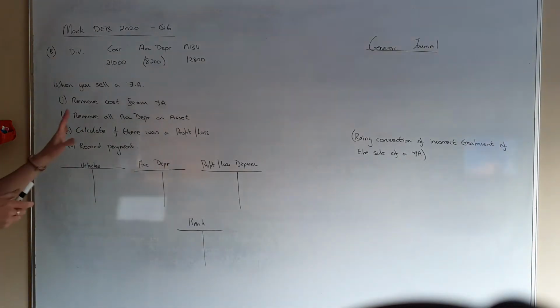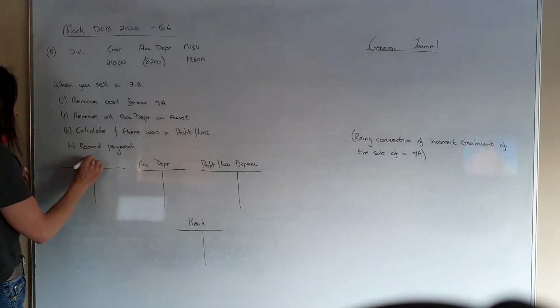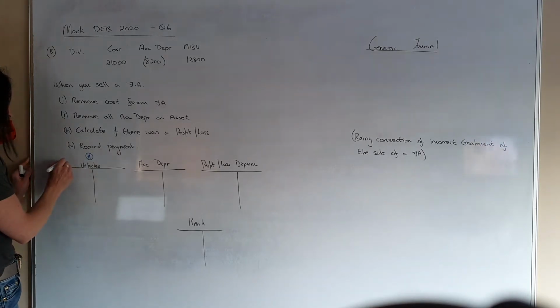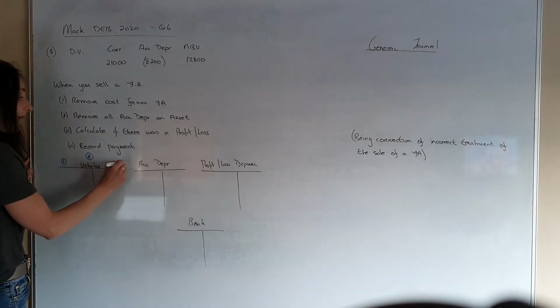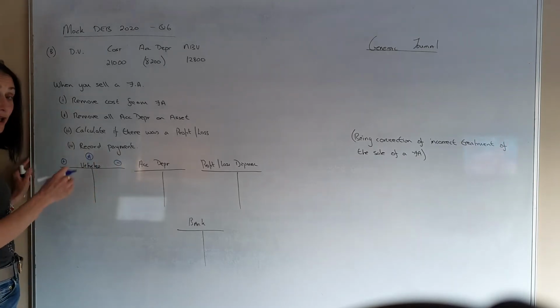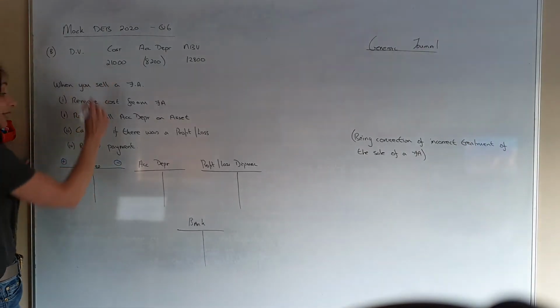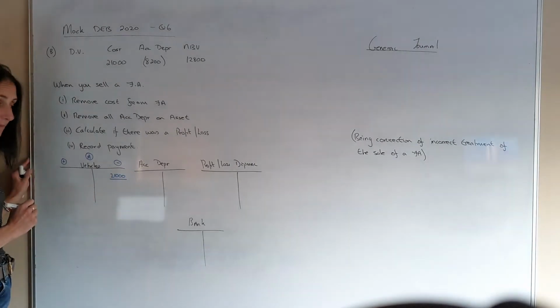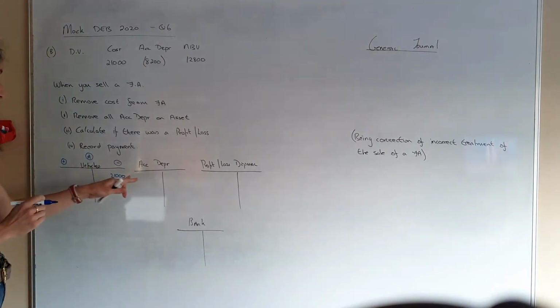So first of all, your vehicles, let's go through T-account again. Vehicles are an asset. And if you look at the T-account, assets are on the debit side. So it's on this side if we want to add to vehicles, on this side if we want to remove from vehicles. You're selling a vehicle, so you need to put 21,000 on the removal side, which happens to be the credit. Okay, accumulated depreciation.